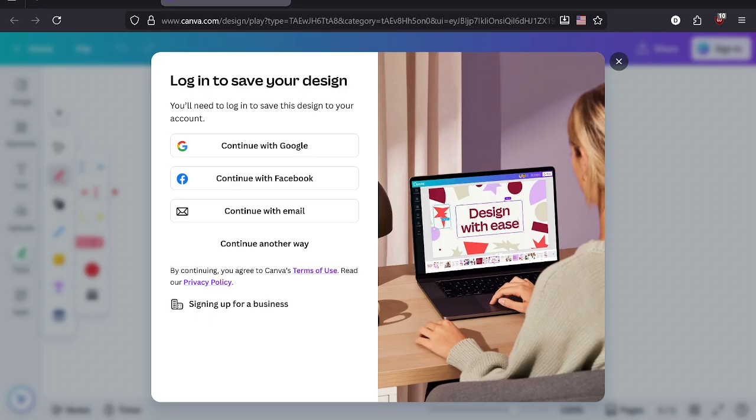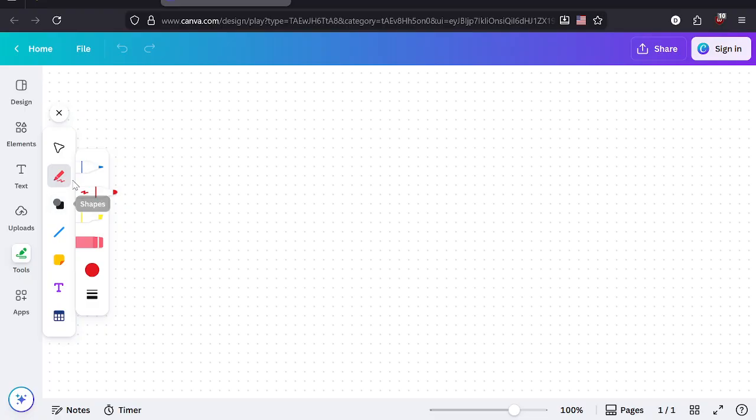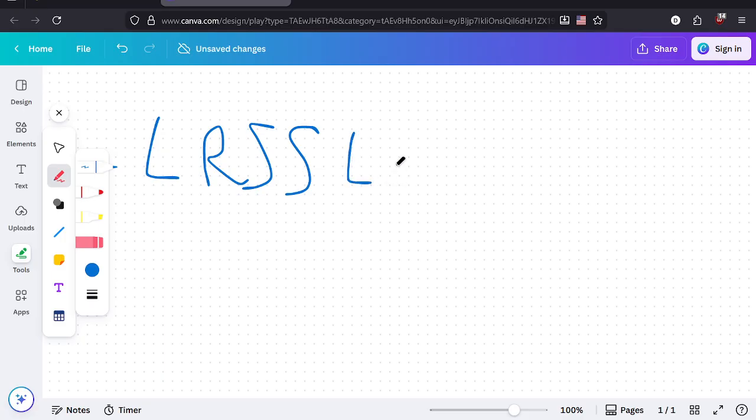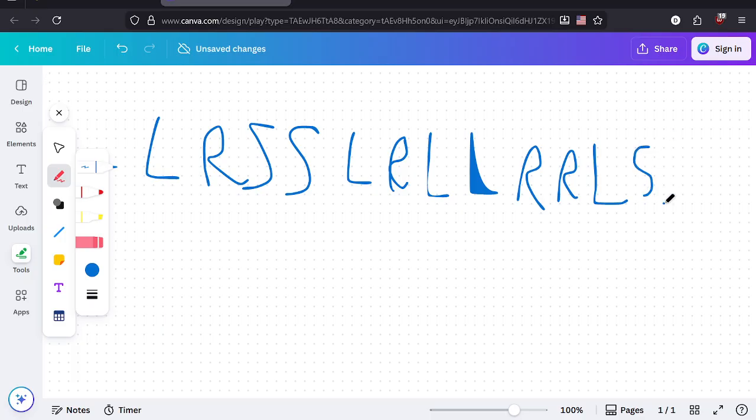So first, I started with a sample string: S, R, L, S, R, R. Here's one thing that I noticed.